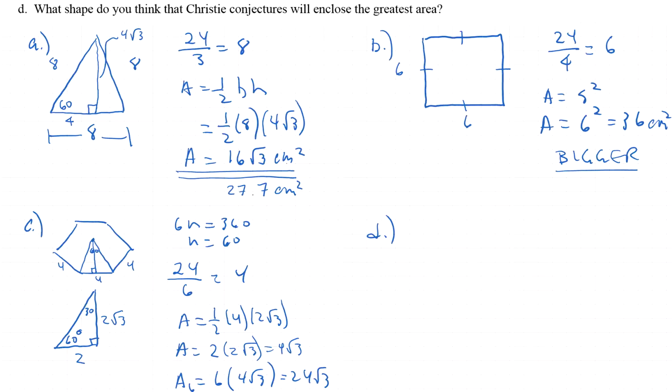Well, as I look at this, I see 3 sides, 4 sides, 6 sides, and the sides are getting smaller, and so we've talked about infinitely small sides, which is a circle, essentially. So I'm going to conjecture that a circle will have the largest area.